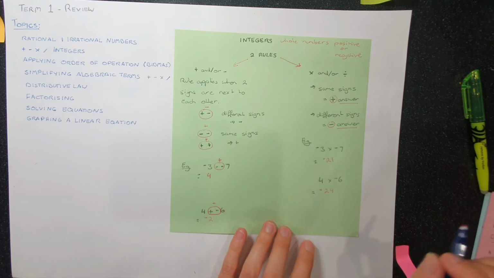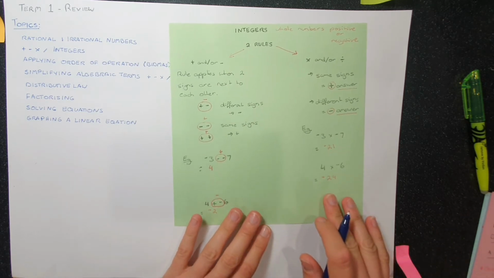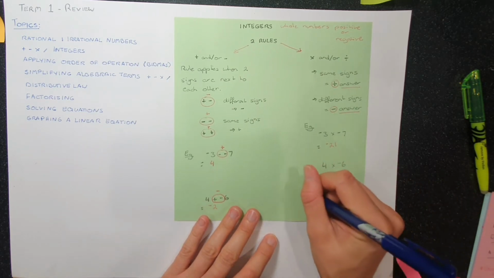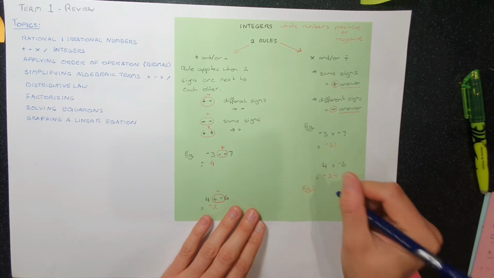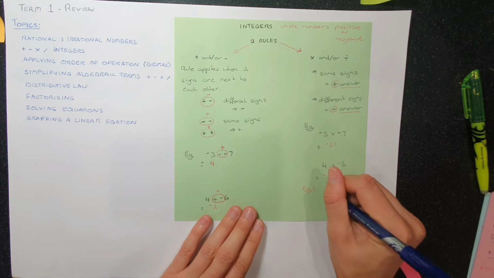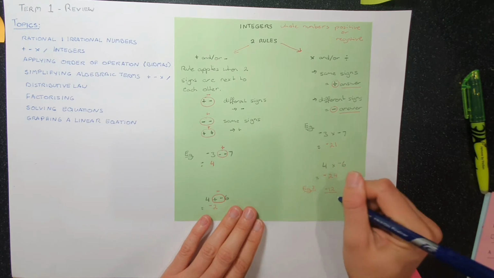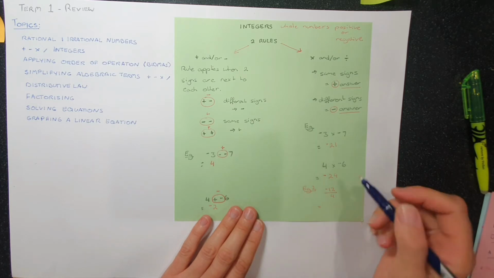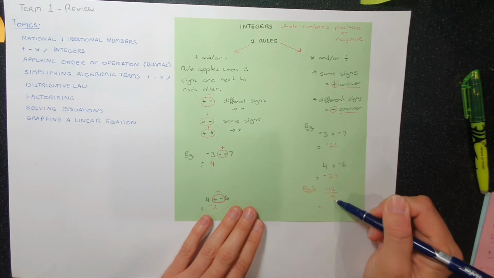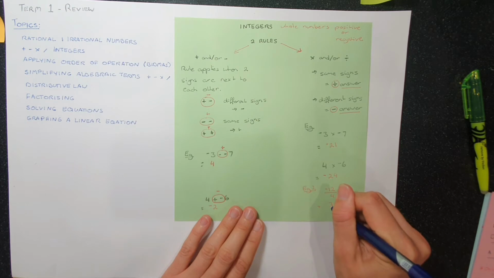Let's quickly show you one for dividing though before we go and move on to the next one. So example number 2, if I've got -12 divided by +4, I do my division sum as usual. 12 divided by 4 is going to be 3.